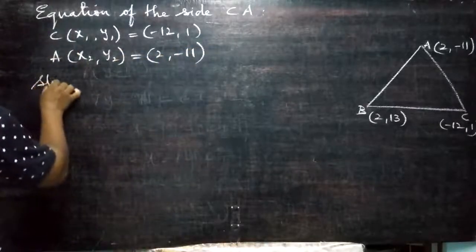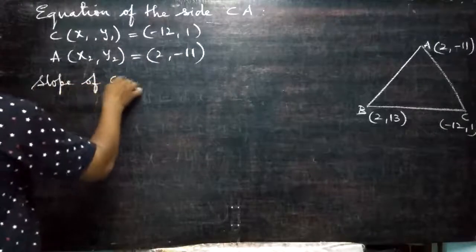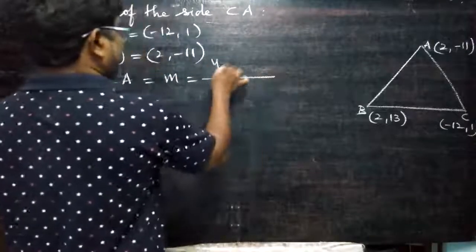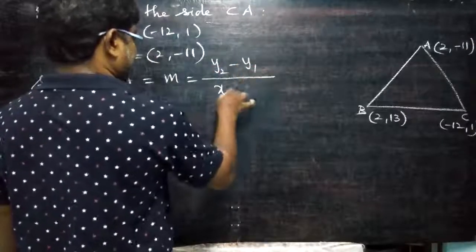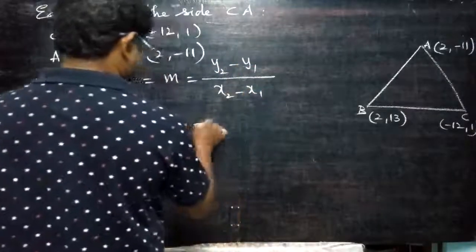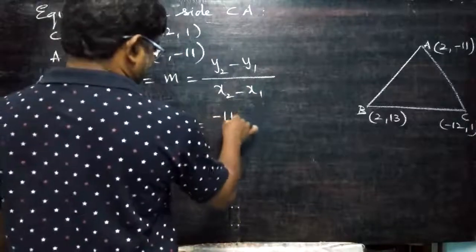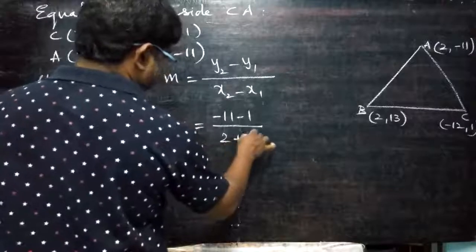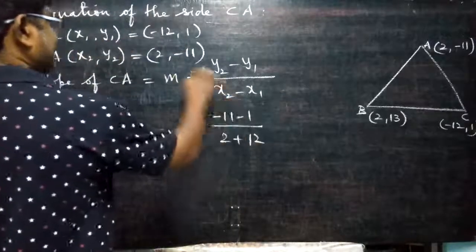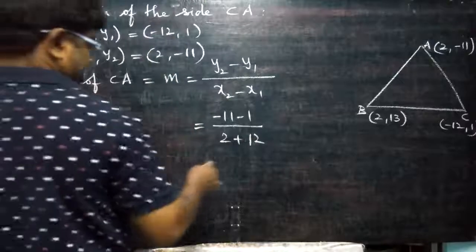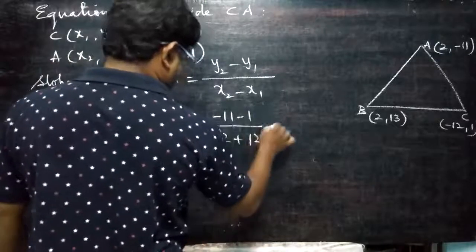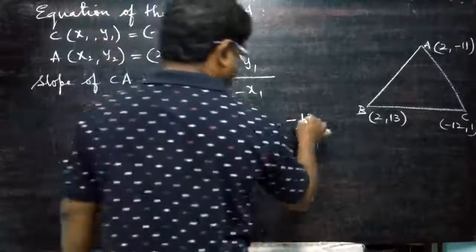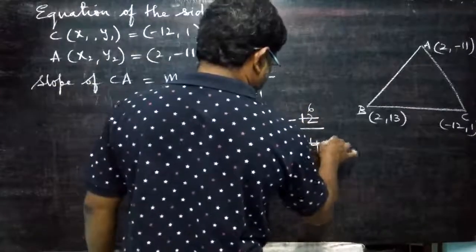Now the slope of CA we represent with m, and the formula is (y2 minus y1) by (x2 minus x1), that is equal to (-11 minus 1) by (2 plus 12), that is equal to minus 12 by 14. 2 goes 6 times, 2 goes 7 times.